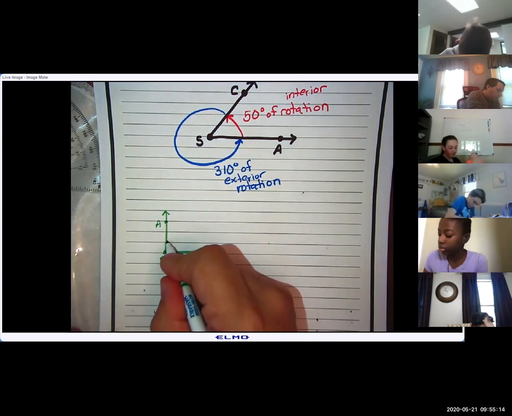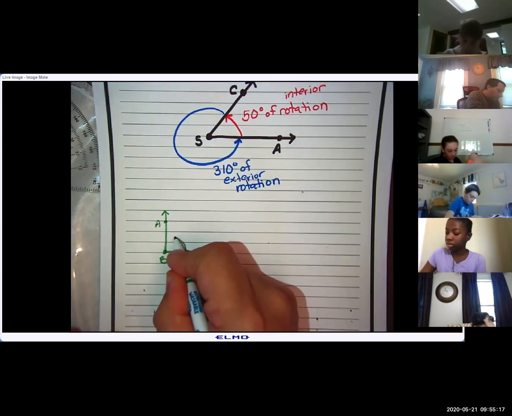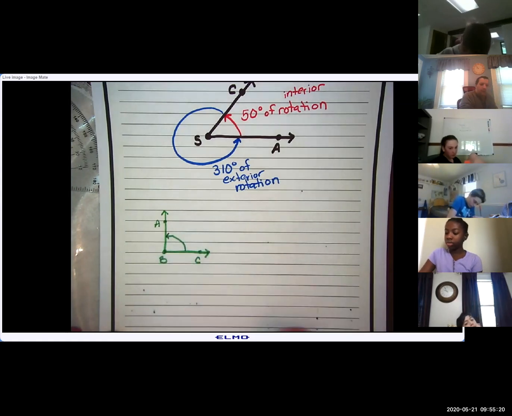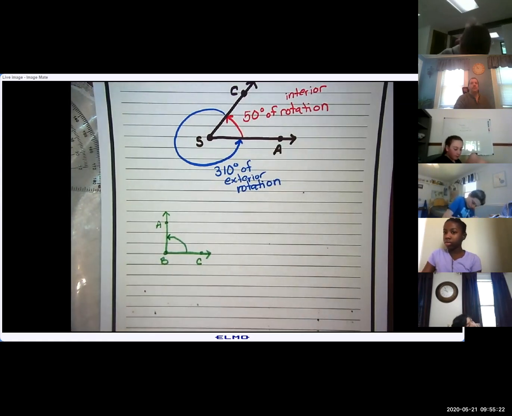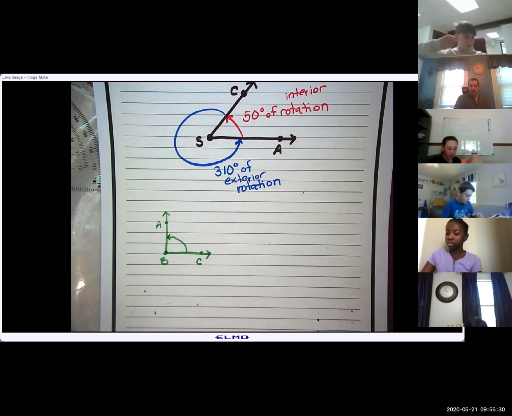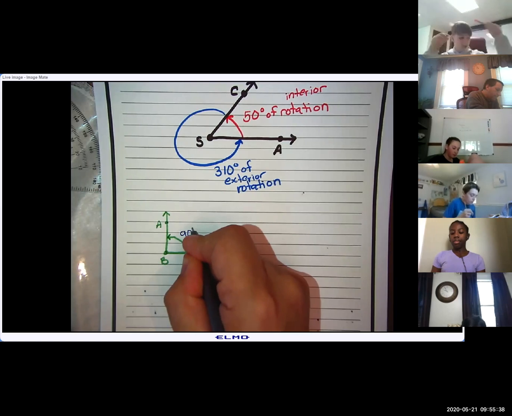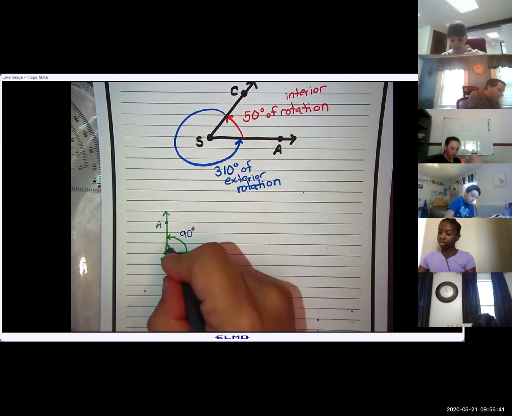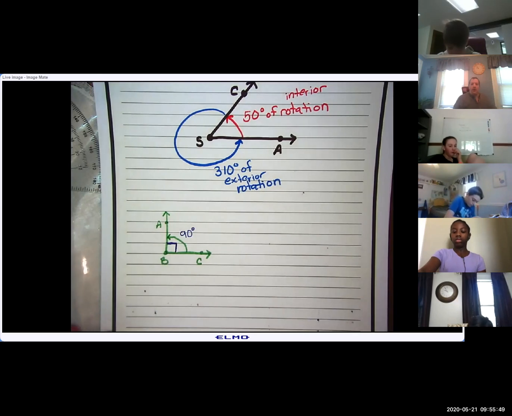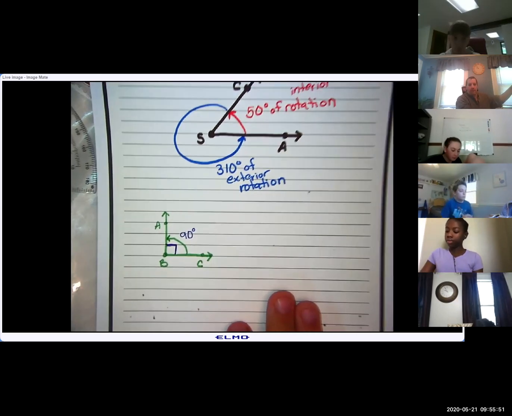And I'm going to call the angle from here to here. What's the measure of that angle? Any guesses, Grayson? 90 degrees. How'd you know that? Because when you use the protractor, it's going straight up, so it goes to 90. Do you see that right here it makes a perfect corner? I want you to draw that perfect corner mark in there.